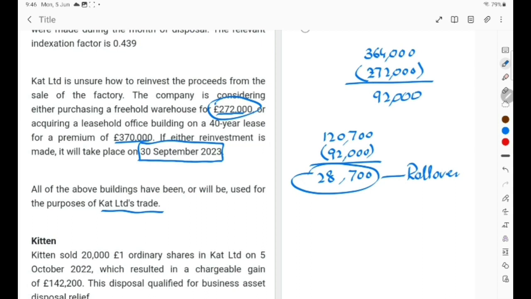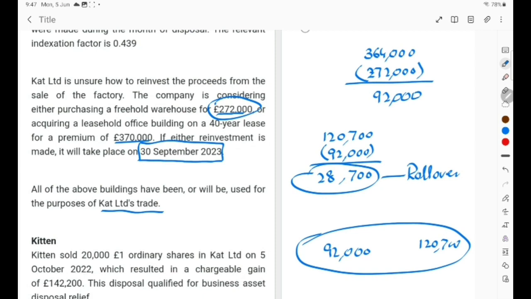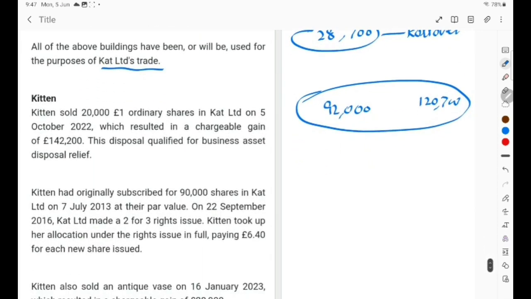Again, the rule is that whatever amount has not been reinvested will be considered as immediately chargeable, right? And second thing, the amount chargeable is deducted from the total gain to find the rollover relief. The detailed rule is that we consider the amount not reinvested, that is 92,000, and the full gain, that is 1,20,700. Whichever is lower is immediately chargeable. So in this case, 92,000 is immediately chargeable, and 28,700 can be rolled over.